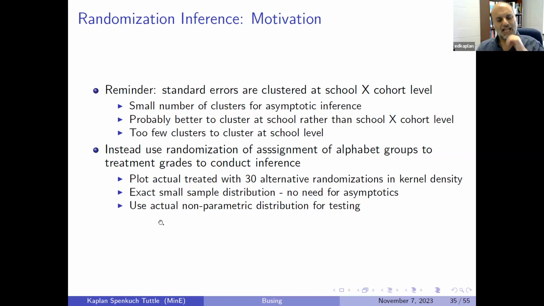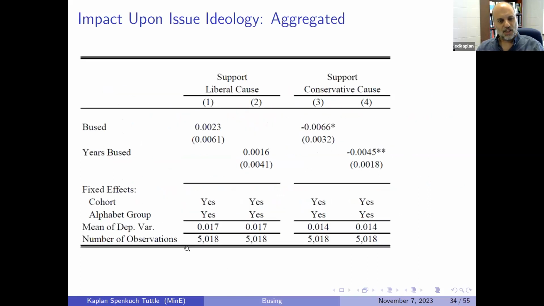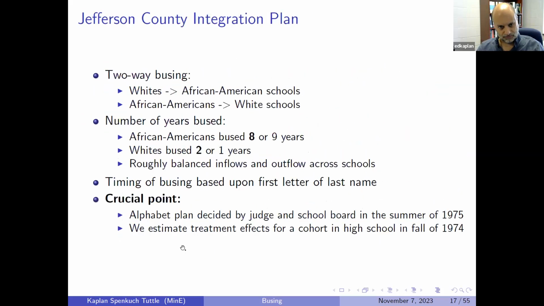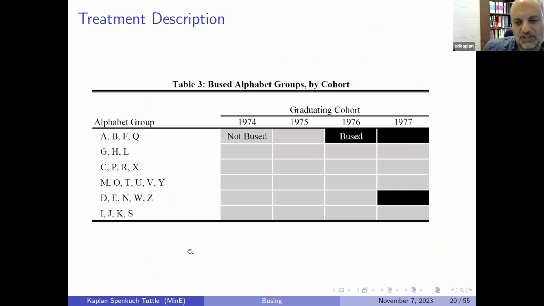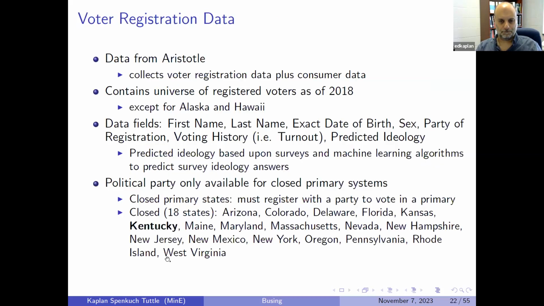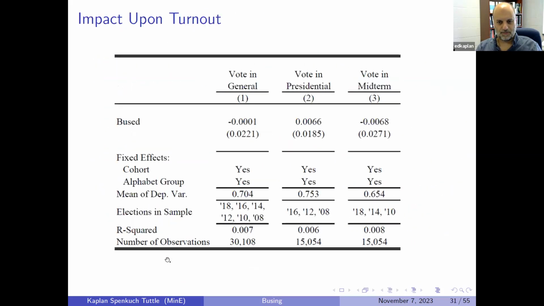So we're going to plot the 30 alternative randomizations that could have occurred, the 30 different ways that we could have assigned these alphabet groups to times of being bused that would have generated differences on whether or not these cohorts got bused. That's what we're going to use.